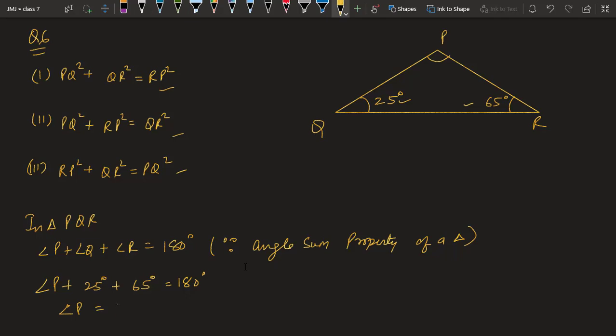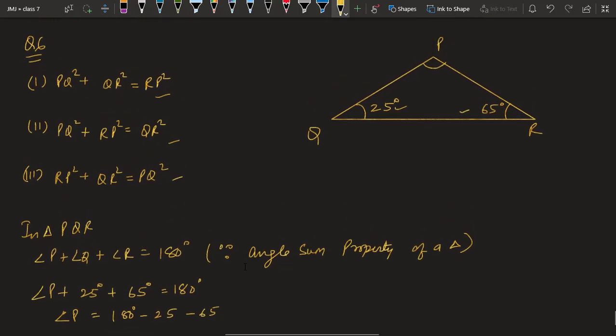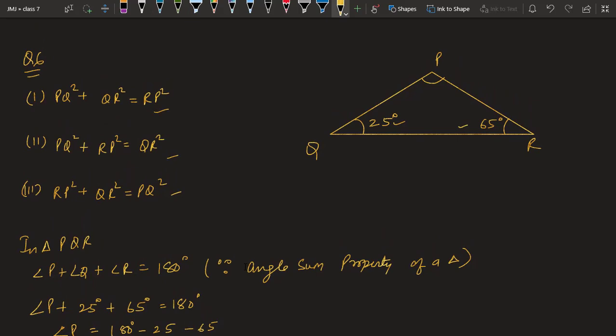So angle P is equal to 180 minus 25 minus 65. If you observe, 25 and 65 will make a sum of 90 degree. So we will get 180 minus 90 and the answer is 90 degree. So the given question is a right angle triangle and this angle which was not given to you is how much? It is 90 degree. And we all know the side opposite to 90 degree is hypotenuse.